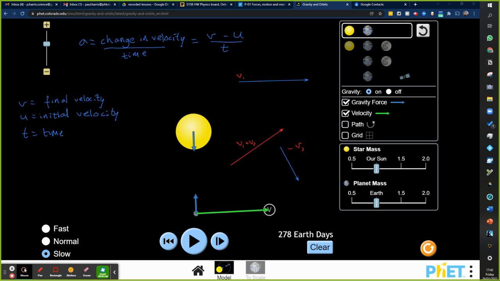When we want to do v1 minus v2, it's the same as adding negative v2. So the resultant is going to be from there to there. So that's going to be v1 minus v2.